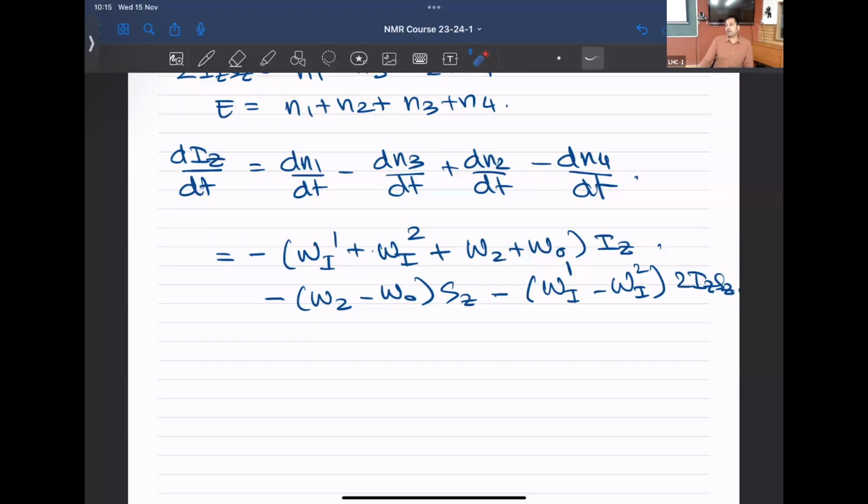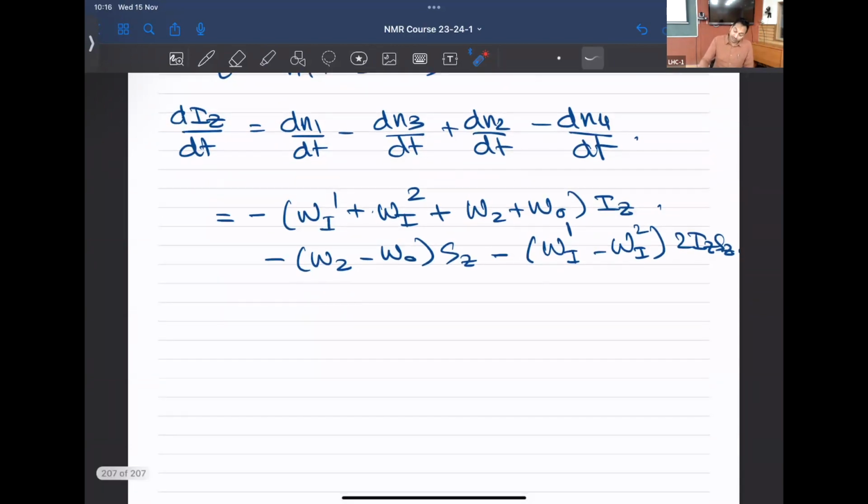If you might remember the argument we made for a spin half system, you should introduce minus Iz of 0. You should also introduce minus an Sz of 0 in order to establish the thermal equilibrium. But remember, thermal equilibrium is a constant, isn't it? Anyway, we will continue to do this.